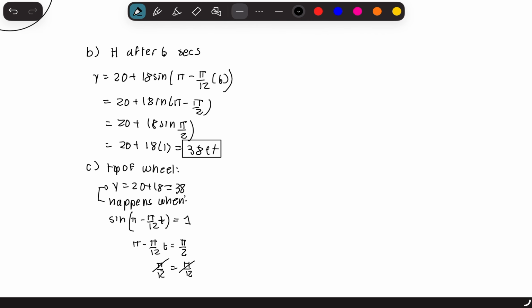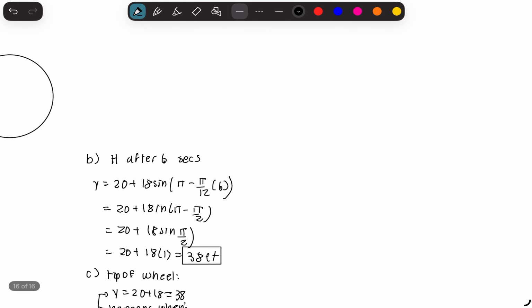This is 12 actually, and this is t, so that's pi over 2 is equal to pi over 12 times t. You have 1/2 is equal to t over 12. So t is just equal to 6 seconds. So that is the first time at the top of the wheel.